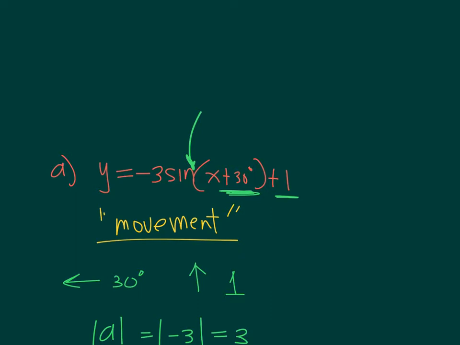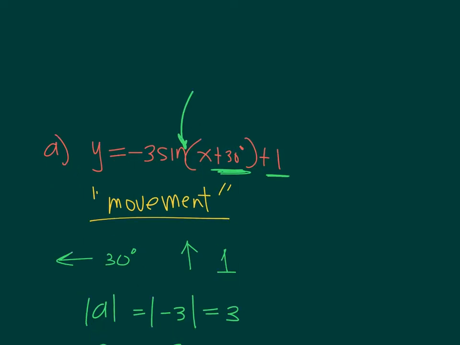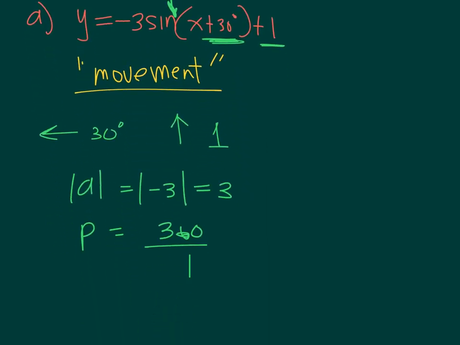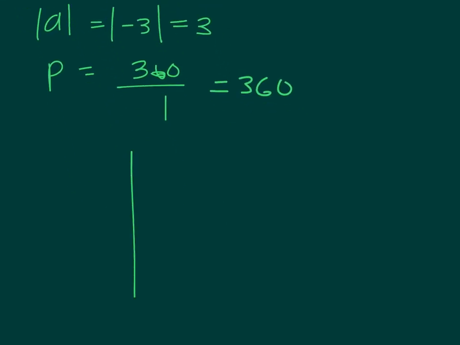Okay, so 360 divided by 1 is still 360. So we expect the graph to repeat its pattern after 360 if we put the starting point. The point is not necessarily on 0, 0, but if we start anywhere there, the pattern will repeat after 360.